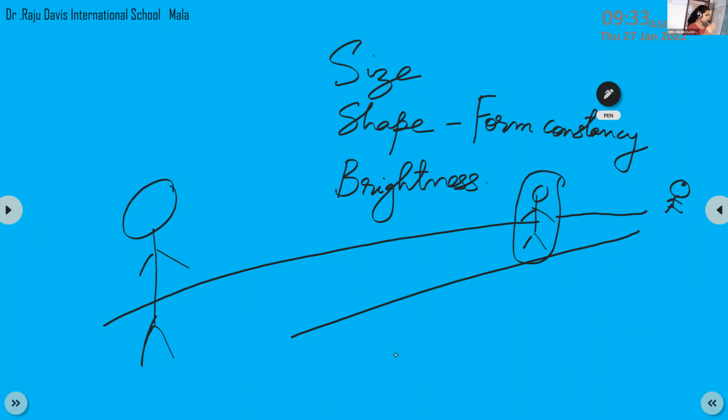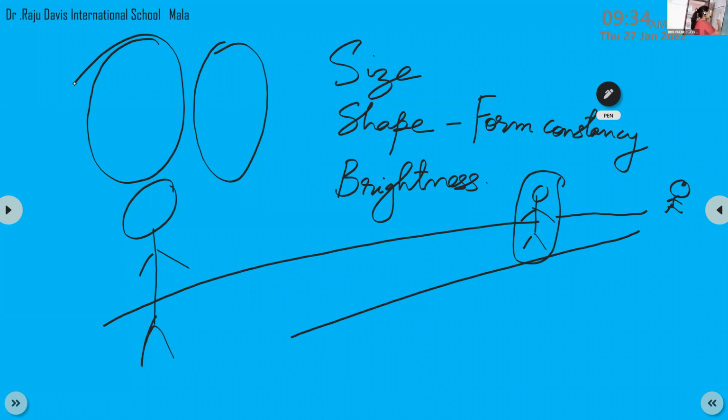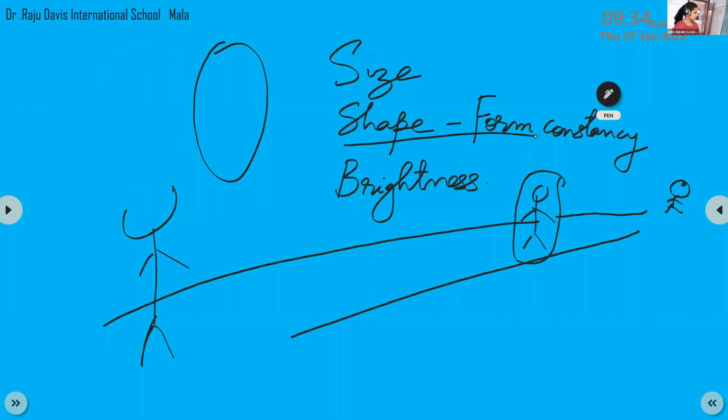Even if it is tilted a bit, we view it as an oval shape. The retinal image will be of an oval shape, but we still perceive it as a rounded shape. Anyways, we perceive it as a round shape, and that is because of shape constancy, also called form constancy.